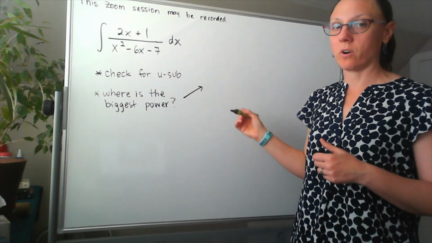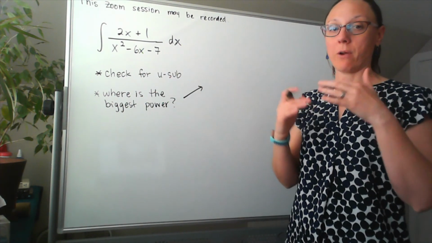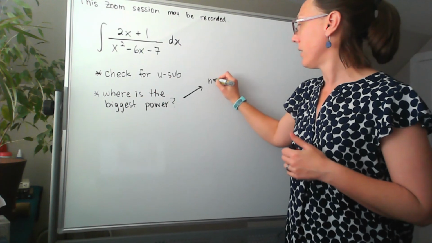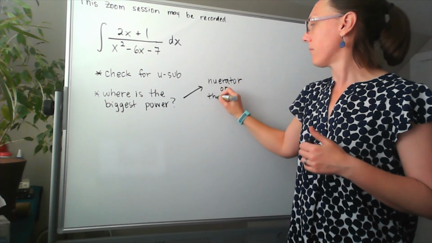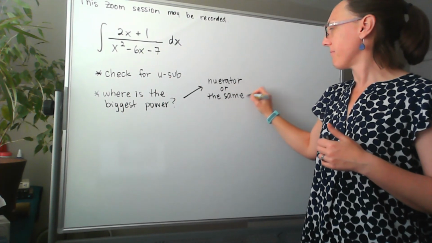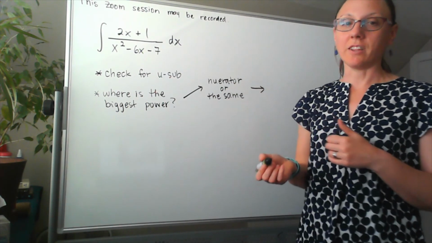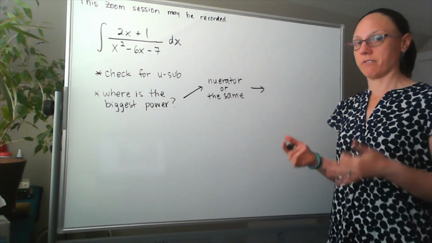If that largest power is in the numerator, or if the powers are the same, that's going to lead me to doing long division as a first step.